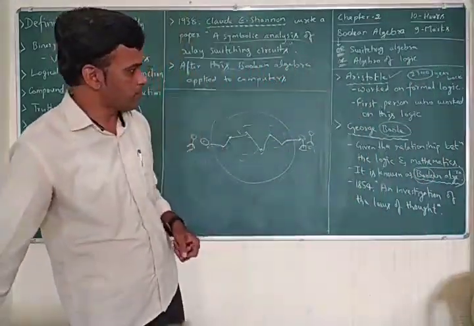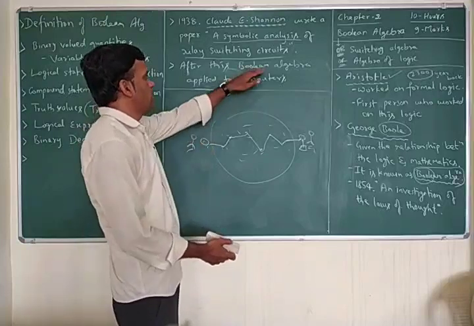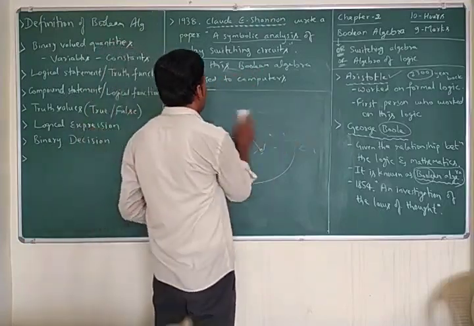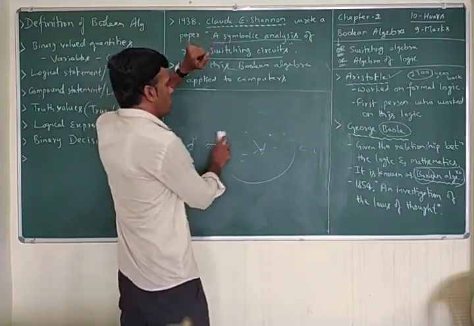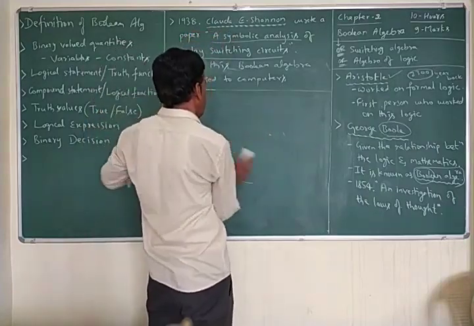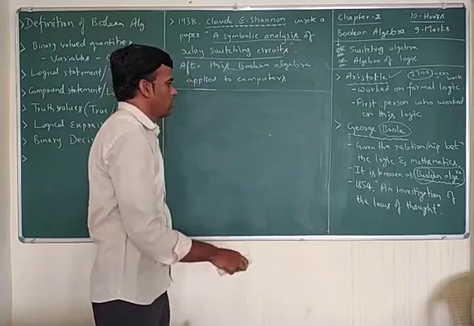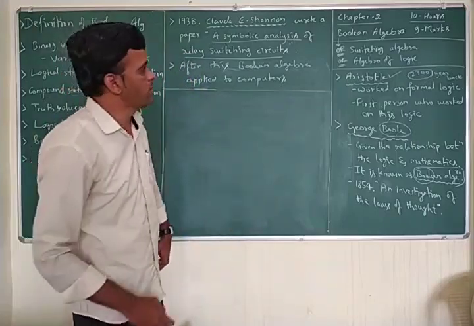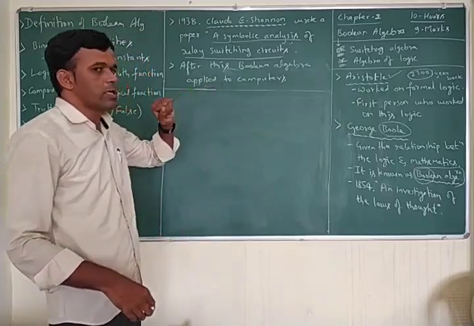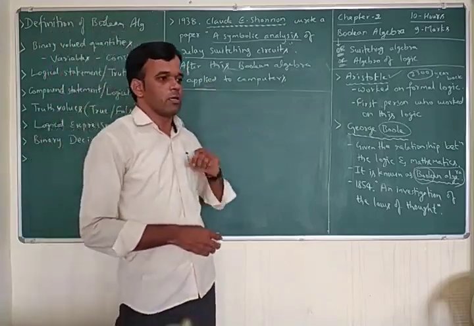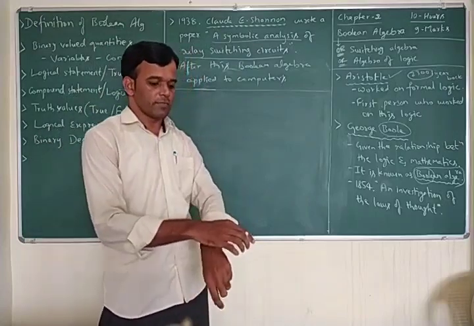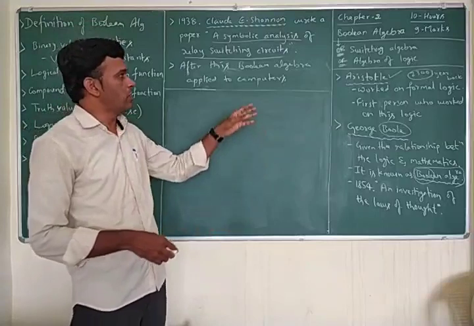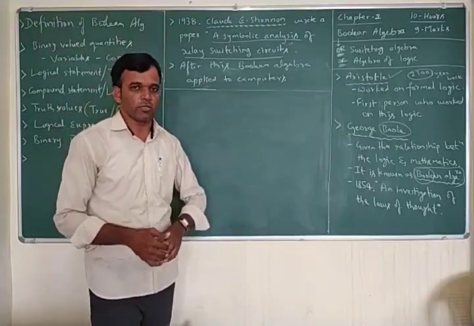So after this, what happened? Boolean algebra was applied to computers. After Claude E. Shannon's work, where he applied Boolean algebra to solve problems in telephone switching networks, people realized, particularly the computer engineers and scientists, that Boolean algebra could be applied to computer systems also.